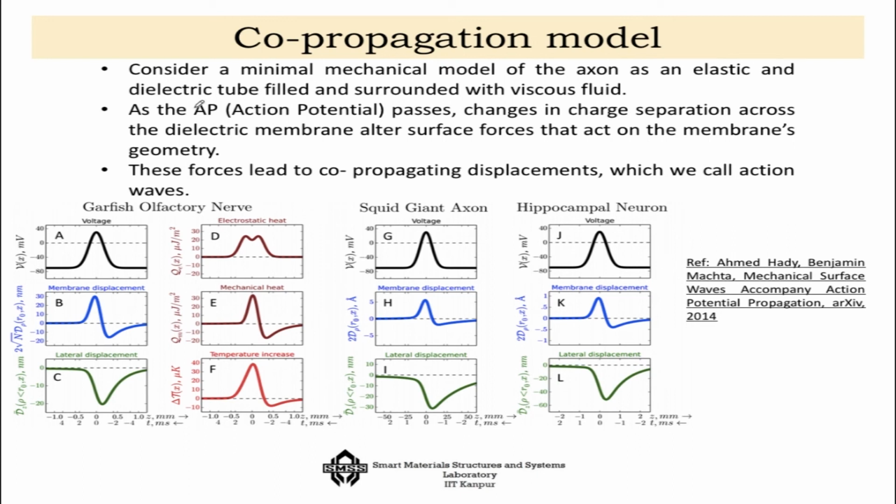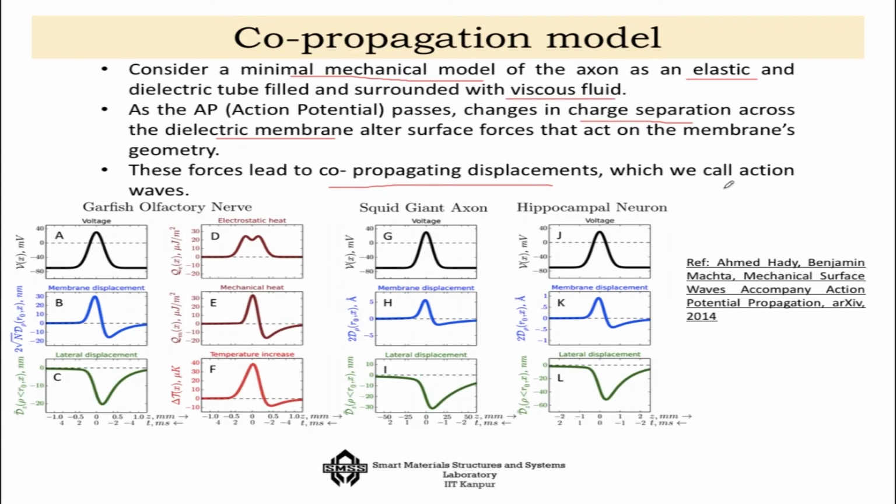It considers a minimal mechanical model of the axon, which has an elastic and a dielectric tube filled with viscous fluid, and as the action potential passes, it changes the charge separation across the dielectric membrane because of the thickness change, and that alters the membrane's geometry and creates the electrical voltage. So there is a co-propagation of displacement because that voltage will again change the thickness. So there is a co-propagation of a displacement wave along with the electrical pulse.